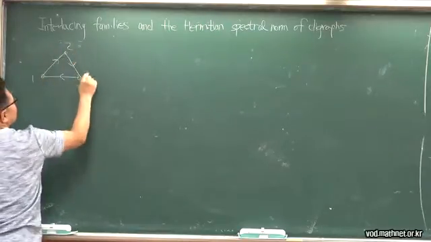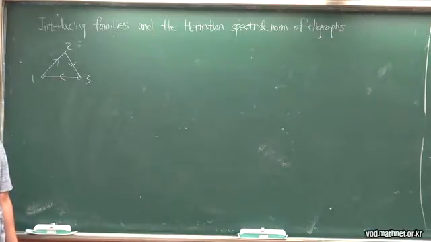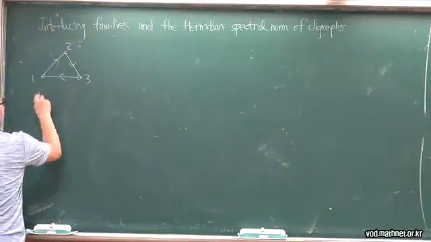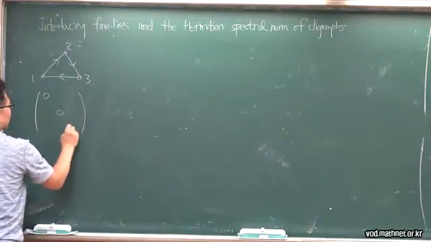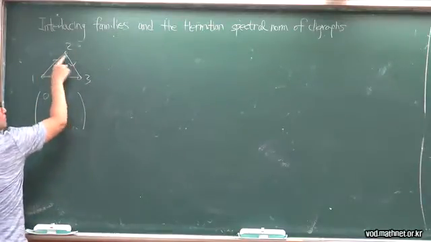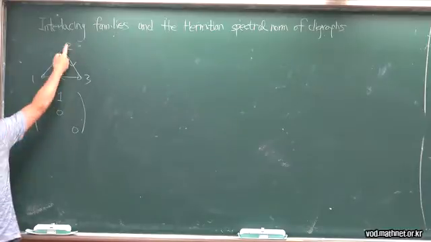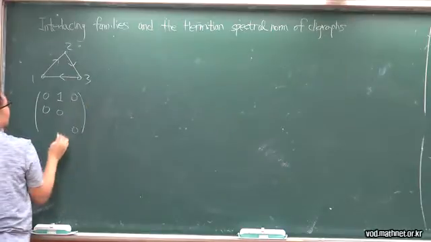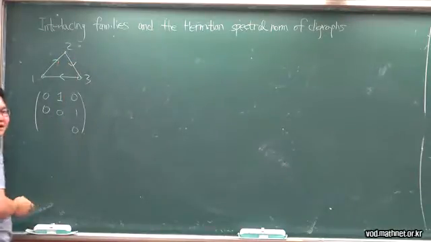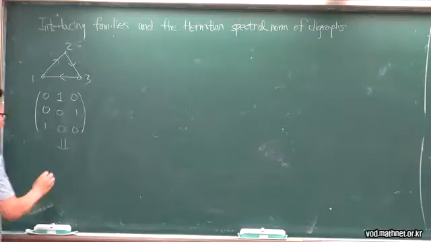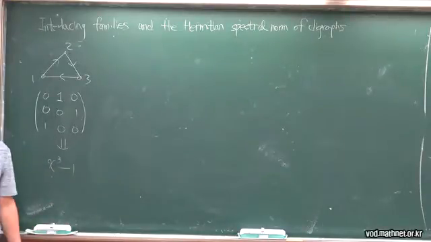The usual adjacency matrix of a digraph: diagonal entries are all 0, and if there is a direction from 1 to 2, then you give a 1 here. But there's no direction the other way, so we put 0. And for 2 and 3 in this direction, we give a 1 here, and for 3 and 1, we give a 1 here. And then you can determine the characteristic polynomial of this one, which is x cubed minus 1.